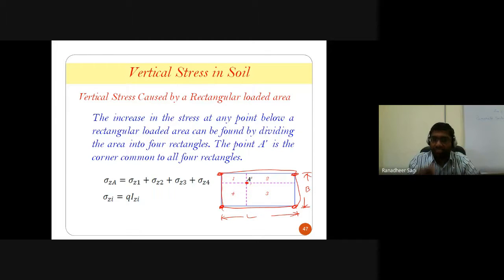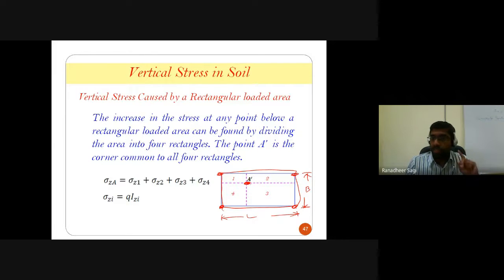Divide that area in a way that the point you are referring to in the plan becomes one of the corners of all those rectangles into which the total area is divided. I repeat, the total area is divided into 4 areas in this picture.